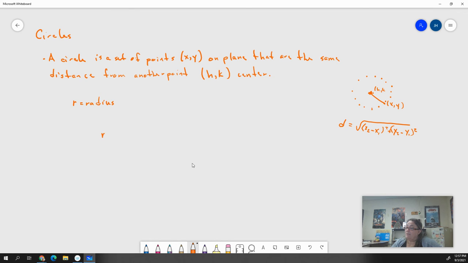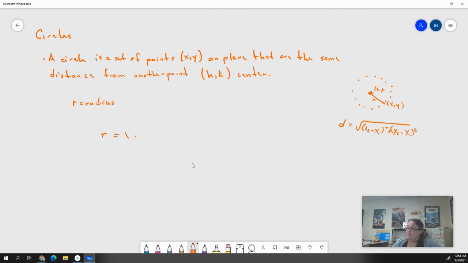It's also saying that the radius, because we know that this distance right here is our radius, equals the square root of x2 minus x1, or what we would call x minus h. Let me write that prettier. We don't even need a 2.